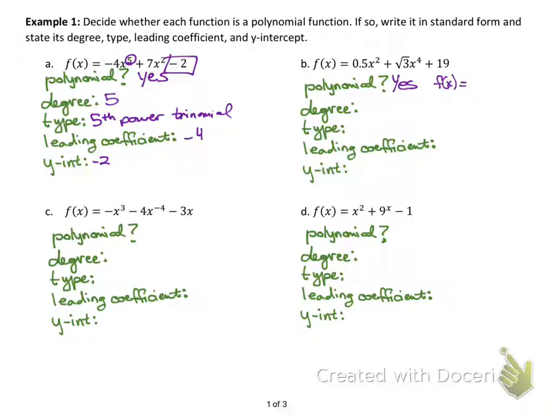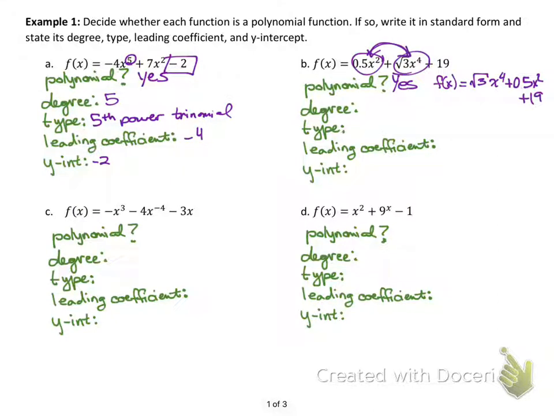I want my leading coefficient to be the one that's with the highest exponent. And that would be the fourth power. So I need to change the order here, right? Because I need to swap those. So, and then plus 19.